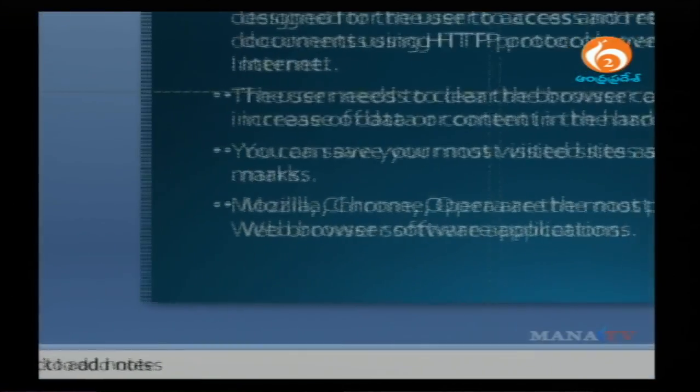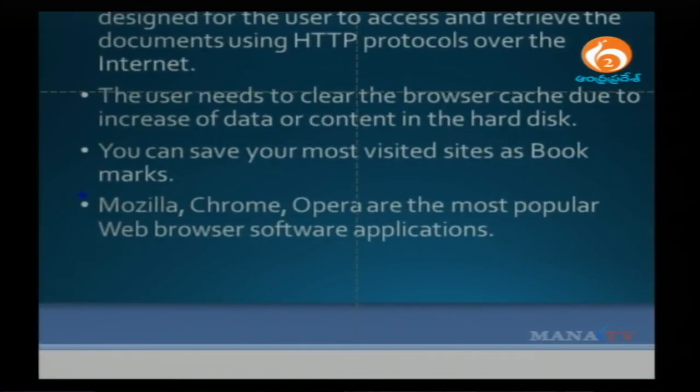These are the most popular web browsers: Mozilla, Chrome, Opera. In mobile applications we may use Opera and UC Browser, but those are mobile applications. On a system, these are web applications.